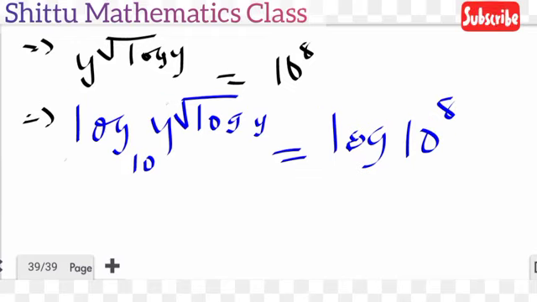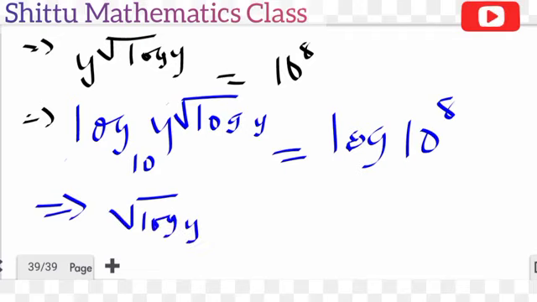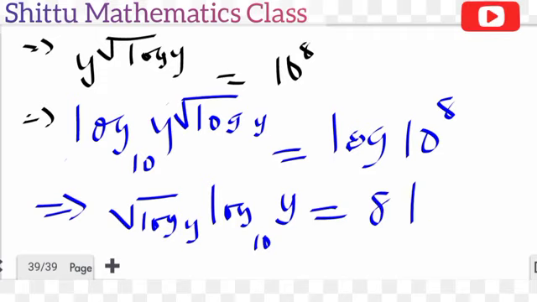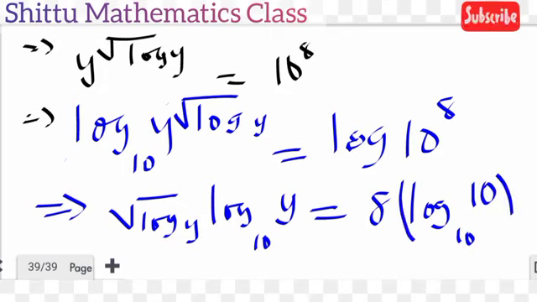From the law of logarithm, we are going to have square root of log y times log y with respect to base 10 equals 8 times log 10 with respect to base 10. Now log 10 base 10 gives us 1.